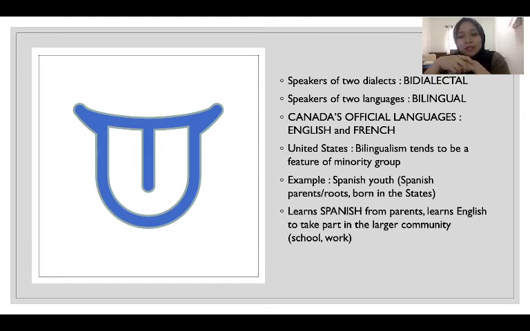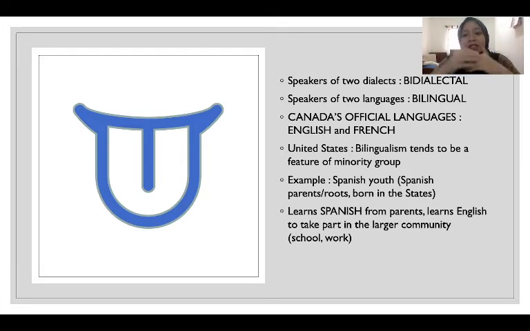The reason is that his roots or his parents are from countries that speak Spanish. However, he is born in the States, so he learns and speaks Spanish from his parents. At the same time, he learns English to take part in the larger community, for example in education like school, or also for work purposes.